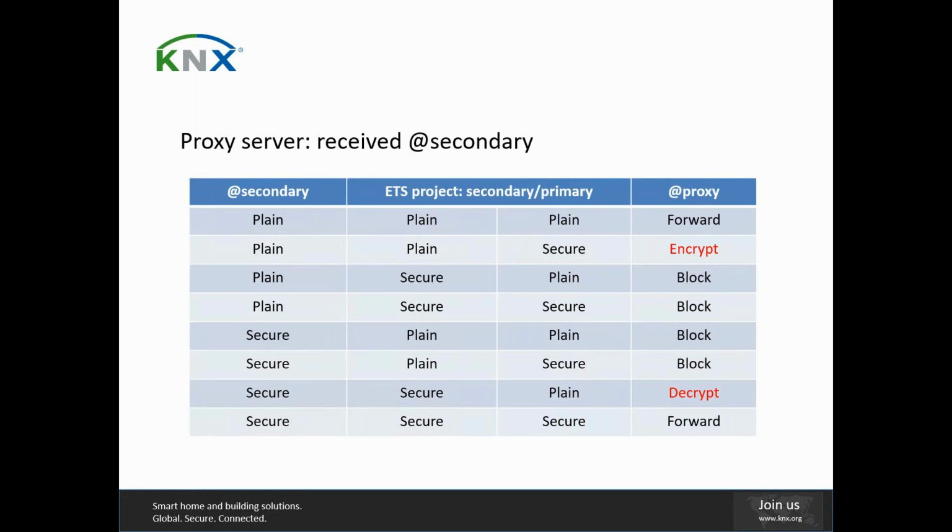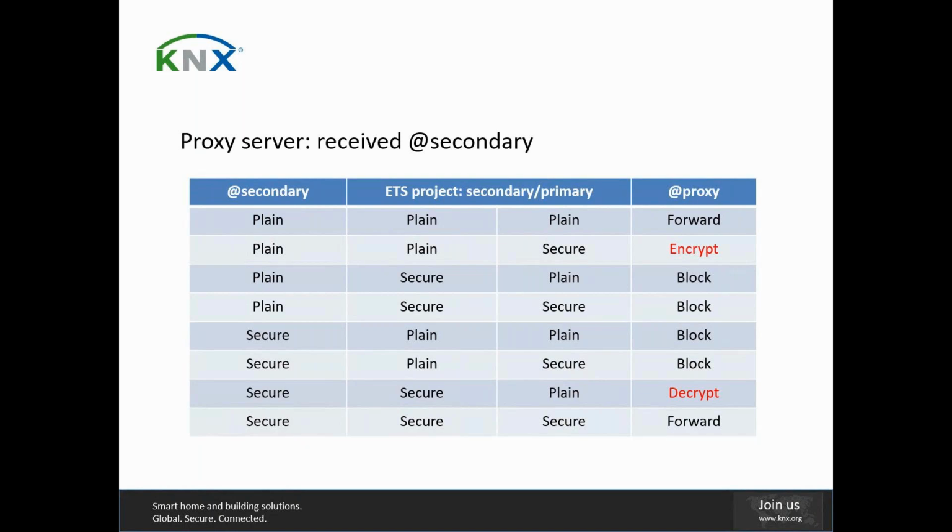The proxy server as such has its own tool key, obviously, but that's not your question, I think. Besides that tool key, which is an obvious thing, it also needs the group key for all these group addresses that it is supposed to treat.